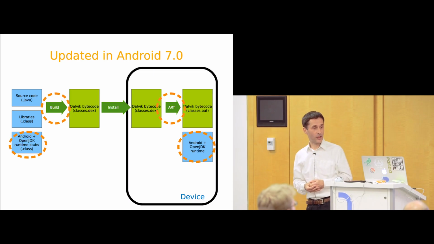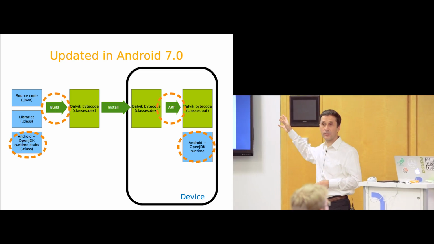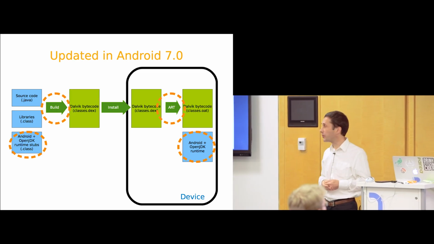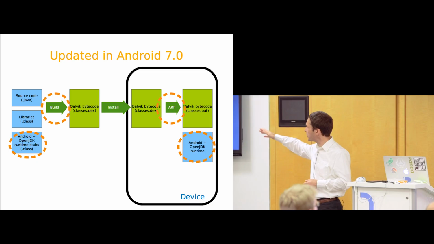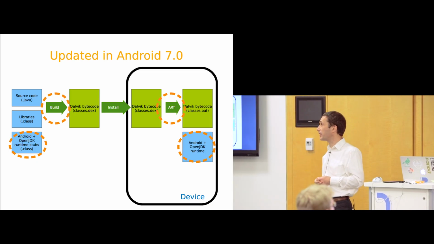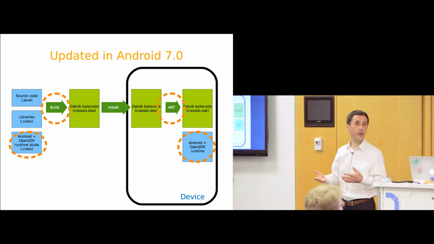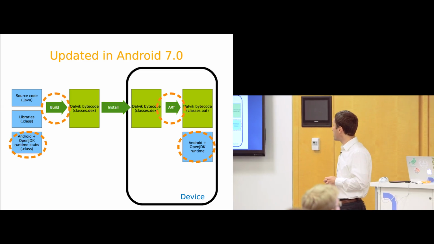That's a common example. So if you look at the changes that were made for Android 7, there are, of course, the changes in the build system that I've been talking about. But there is also the change that the Android runtime is now based on the OpenJDK runtime, which implies that you can use, for instance, this streaming API that I mentioned.